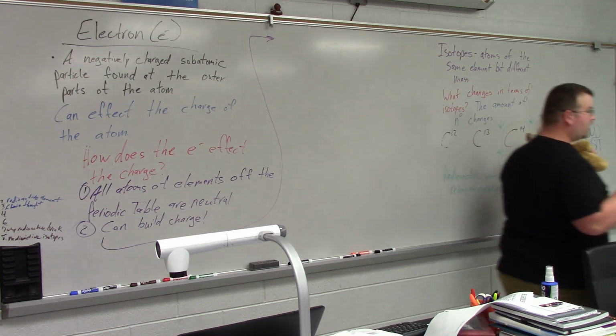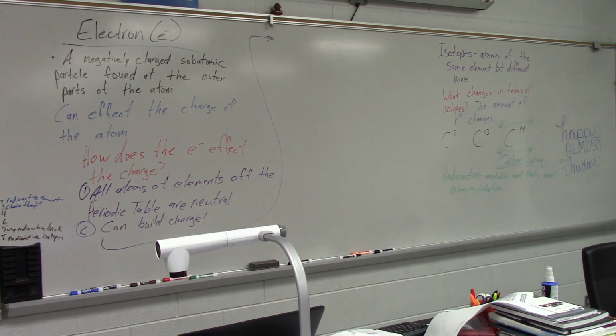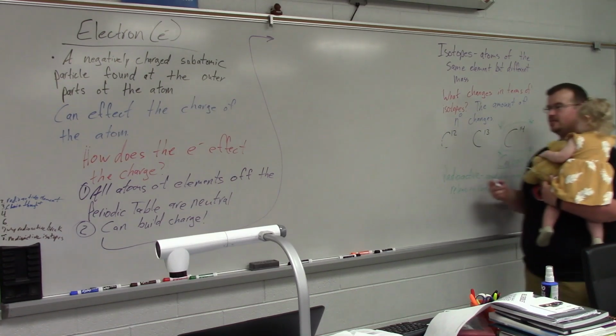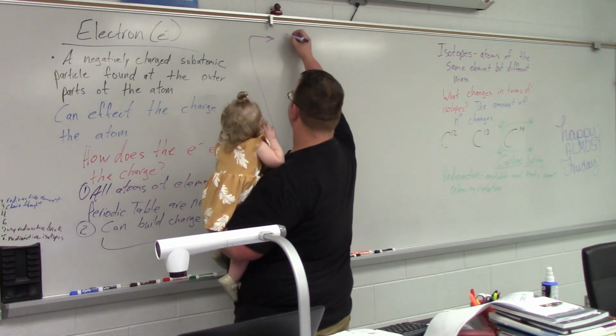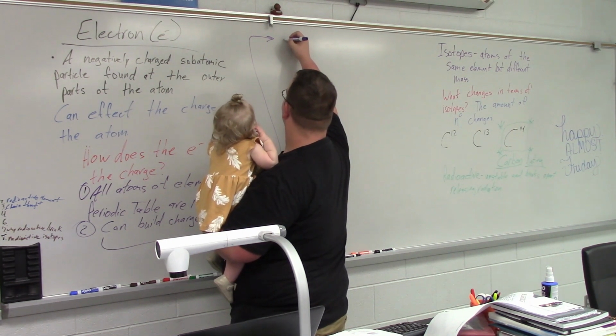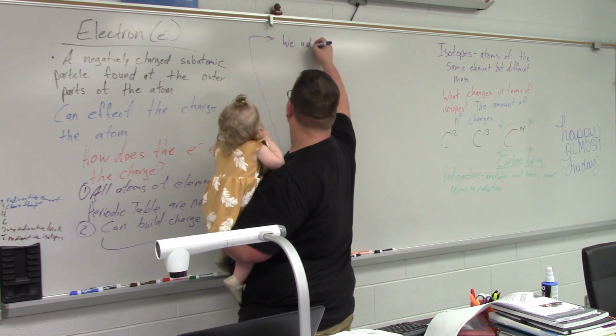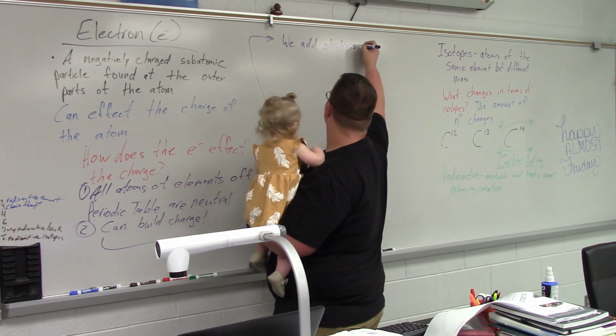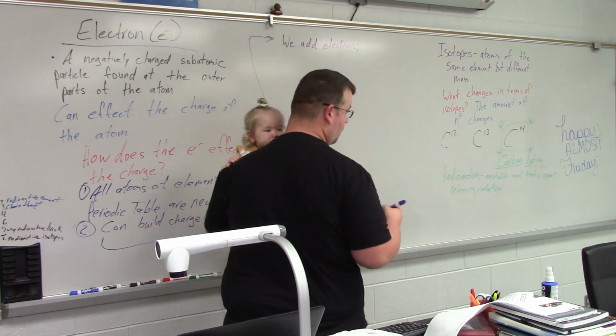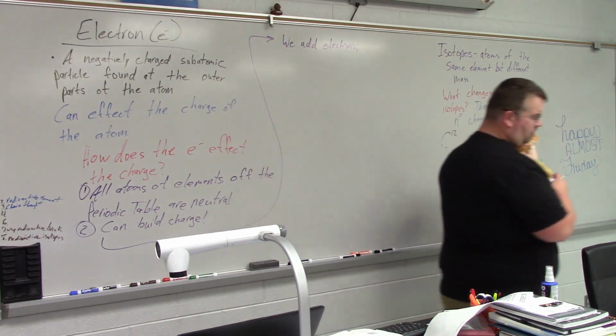So, electrons have what charge? Now you have to keep in mind that they're negative. Don't go to where your mind automatically wants to take you. So it can build a charge. Let's say we add electrons. What's the charge of the electron?